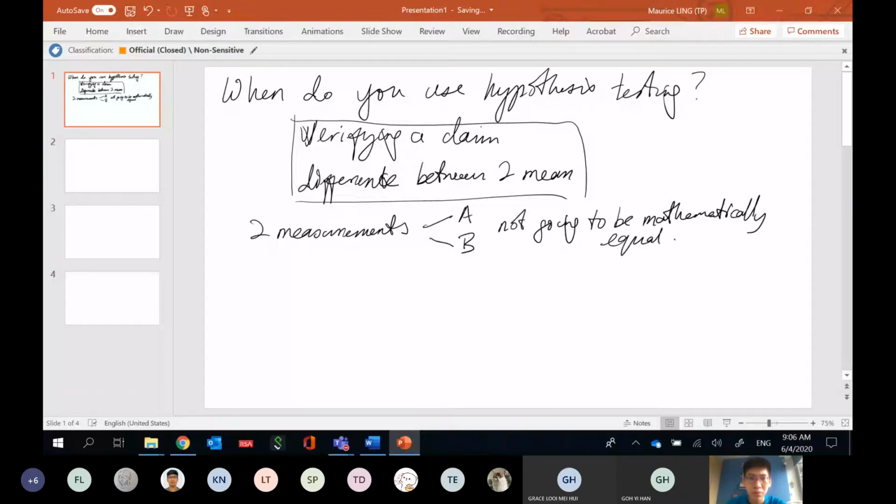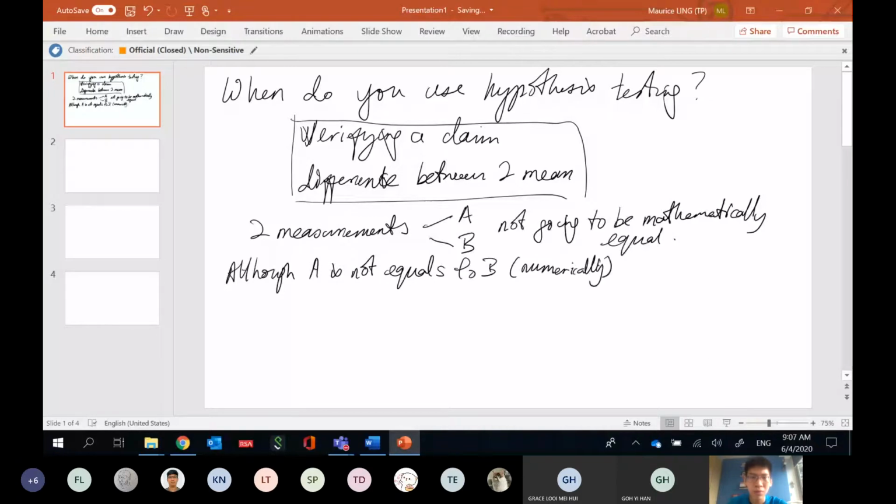In a sense, the two numbers are not going to be exactly the same. So let me write out: A is not equal to B, okay? This is what we call numerically. They are not numerically equal.